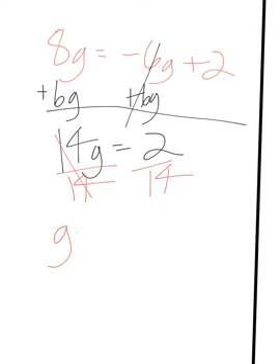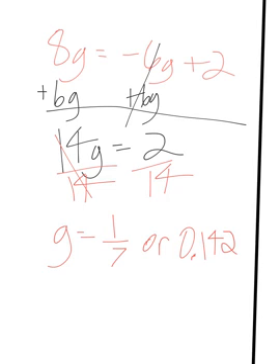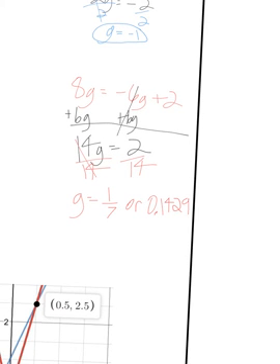And so that fraction will reduce to 1 over 7. If you got the decimal, it'd be about 0.142857, so I'll just round it to 0.143. So yeah, I get my two answers.